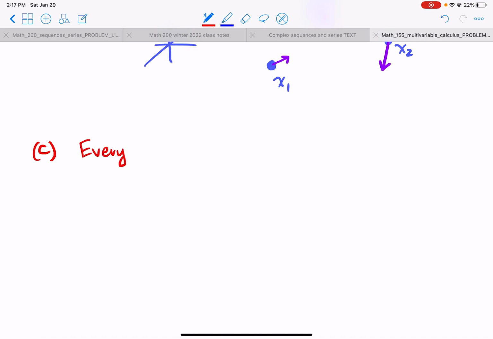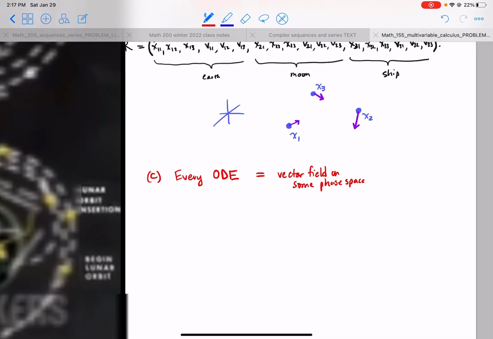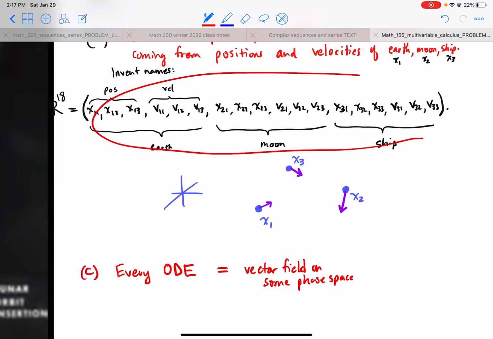Recall that every ordinary differential equation is equal to a vector field on some phase space. In our example, phase space is R18.